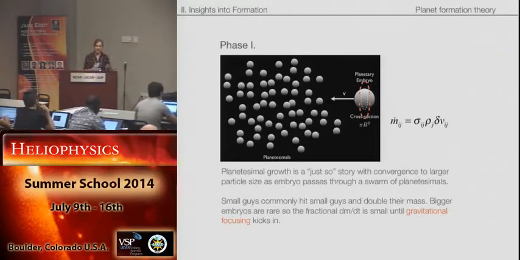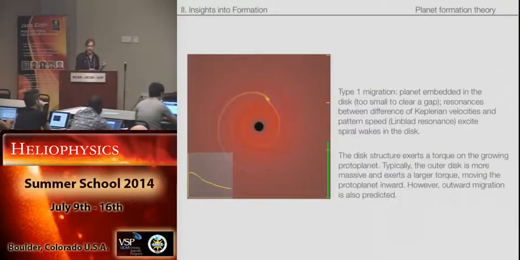And so the planetesimal growth is kind of a just-so story, with convergence to larger particle sizes until you end up with, in this picture, a few planetary embryos that are left behind. Once these planetary embryos reach a certain size, they begin to gravitationally focus the planetesimals, and so they extend their reach, and they can grow a little bit faster.